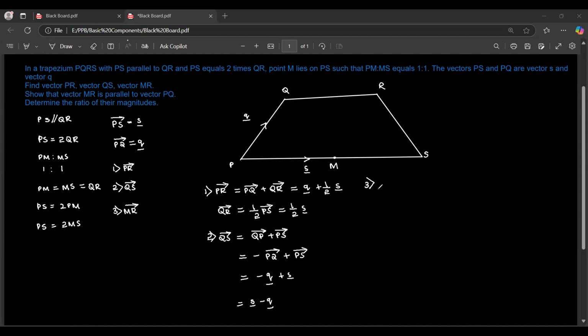And the third one, we have MR. So we have to find out MR. MR is equal to, how can I say, MS plus SR? Yeah, MS plus SR. That's easy. Or I can say I'm going from MQ to QR. That's also possible.